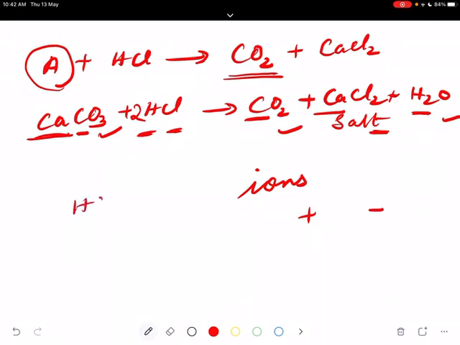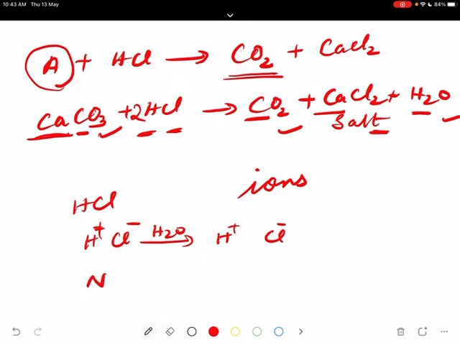If it is HCl, then they have H plus ions and Cl minus ions. When dissolved in water, these ions are free to move. Free to move means they can carry electricity.